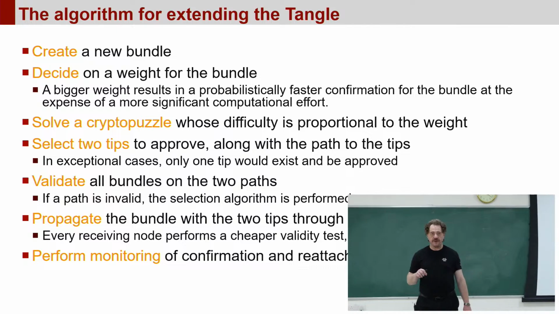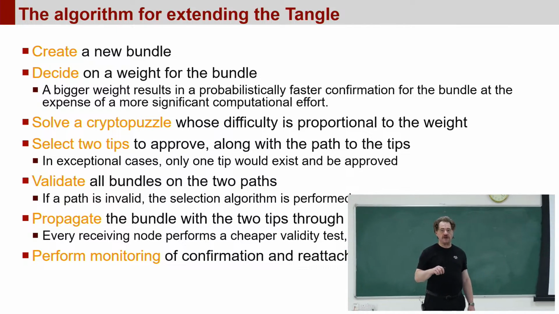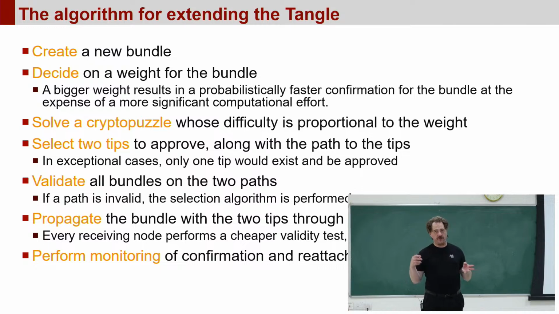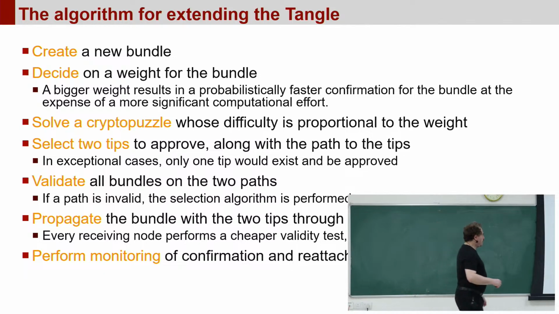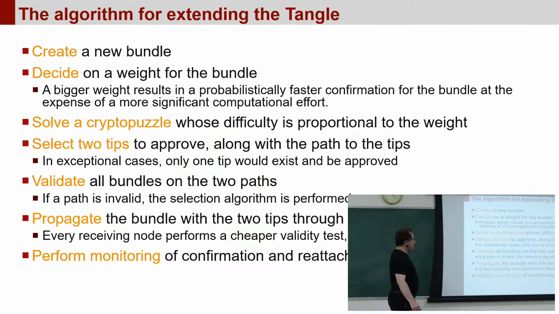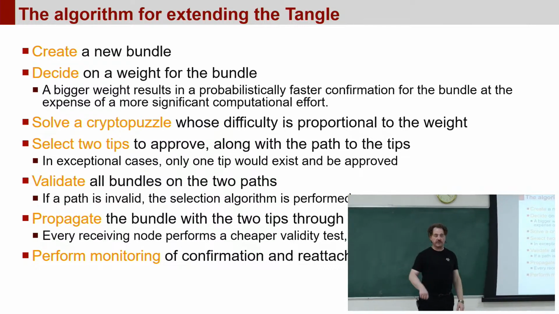Yes, it is, but its difficulty is linearly proportional to the weight of the transaction. Okay, so this limits the weight from above, right? So why would the node pick a non-zero weight or a large number? Because a bigger weight results in a probabilistically faster confirmation for the transaction.